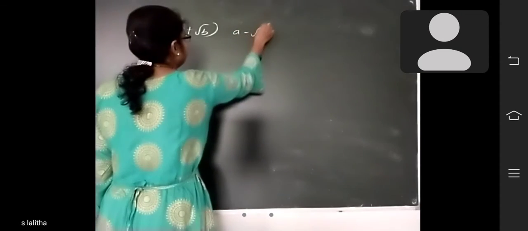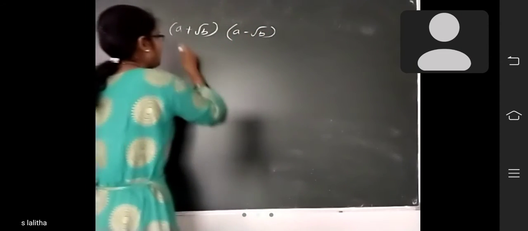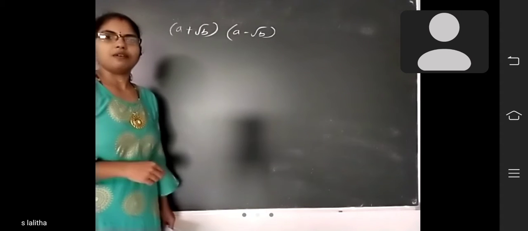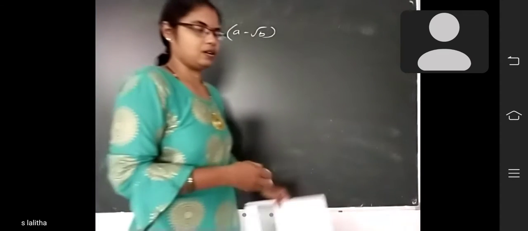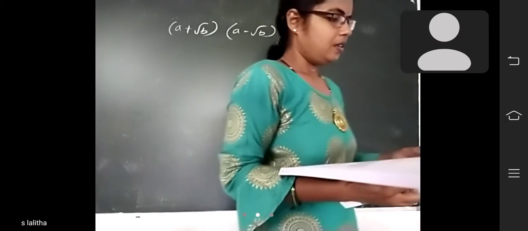A plus root b, a minus root b: these are called conjugate surds. If you multiply these two, you will get a rational number. These are called conjugate surds.